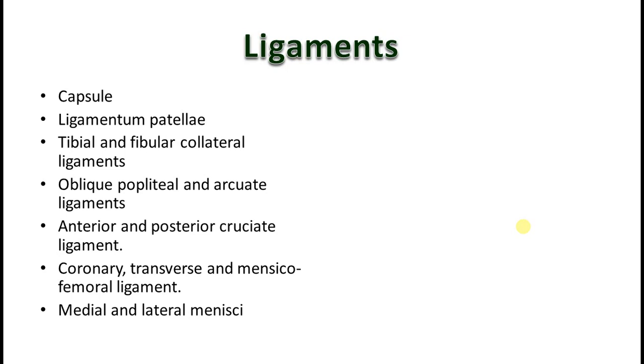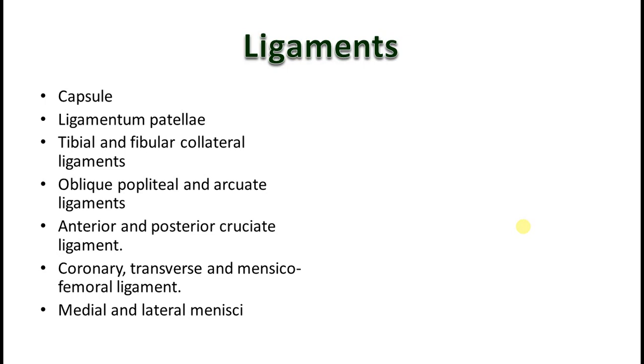Now before that, I will tell you that you should concentrate on certain ligaments that are very important. That is the anterior and posterior cruciate ligaments. First you should read this. You should know very well about this. Then the medial and lateral menisci. Then next the oblique popliteal ligament.